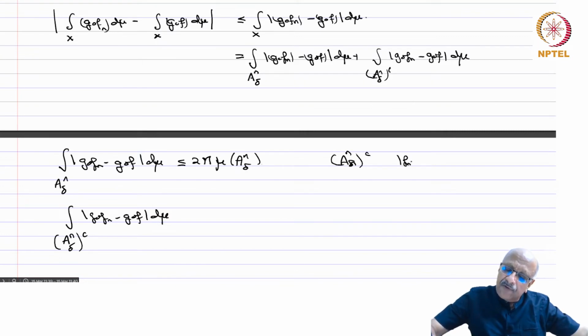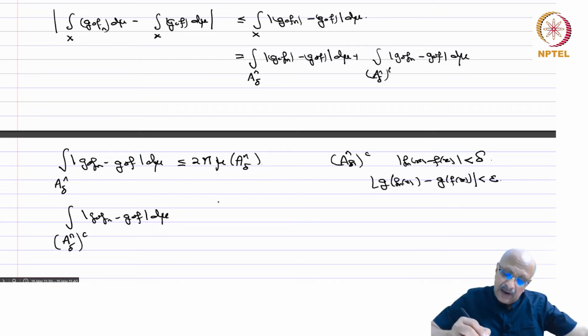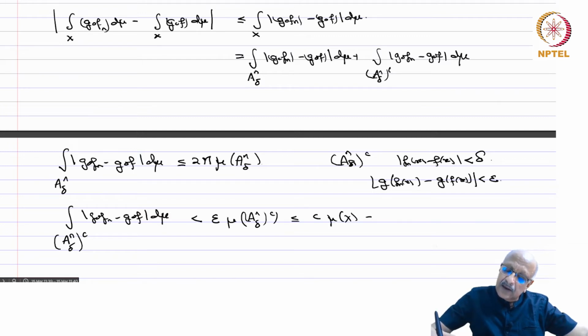You have mod f_n(x) minus f(x) less than delta, and therefore mod g(f_n(x)) minus g(f(x)) will be less than epsilon. So the integral is less than epsilon times mu of A_{n,delta} complement. We don't know much about that, so that is less than mu of X, which is 1, giving epsilon.